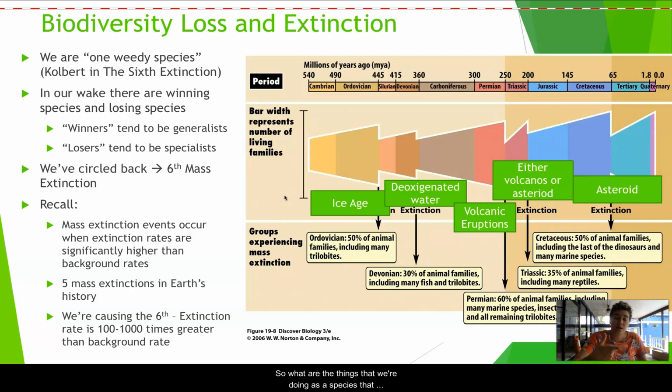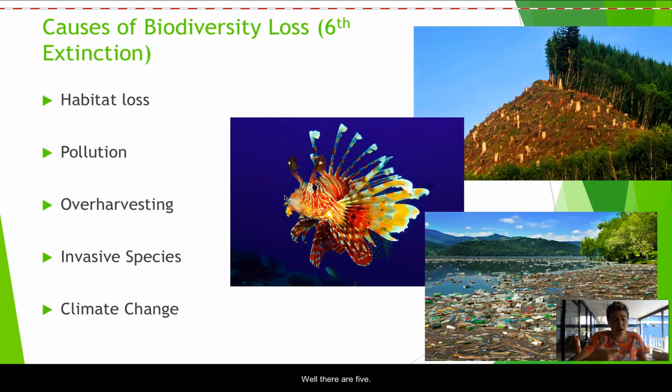So what are the things that we're doing as a species that are causing this extinction? Well, there are 5 overarching things that we do that contribute. And the first is the destruction of habitat, creating habitat loss. Habitat loss is in fact the largest contributing factor to biodiversity loss.